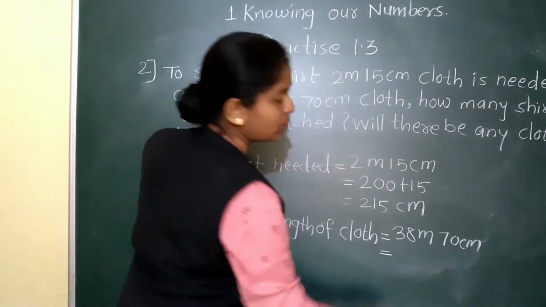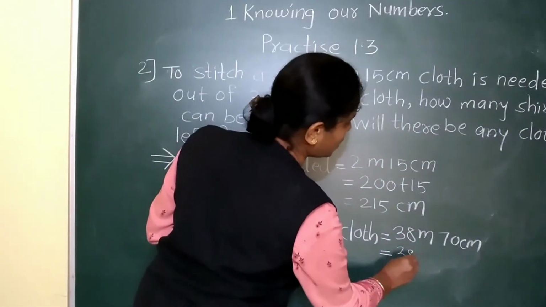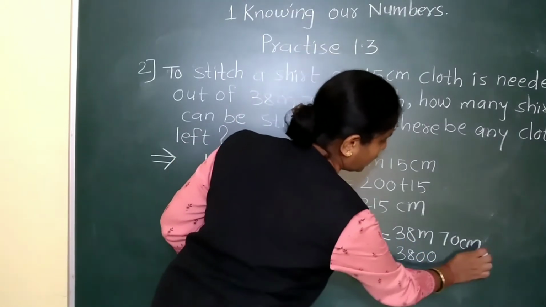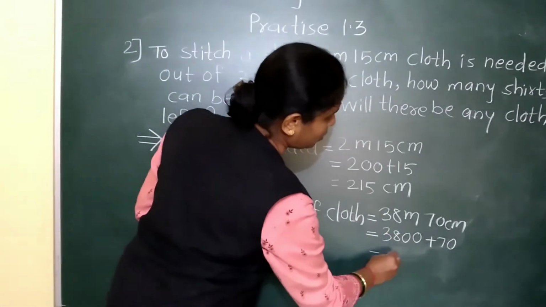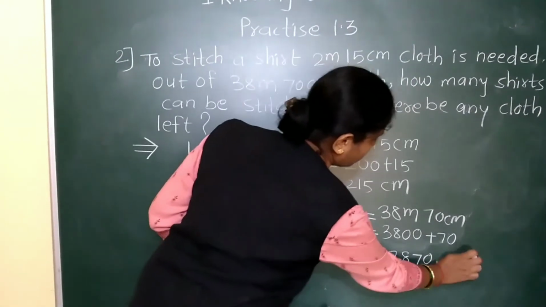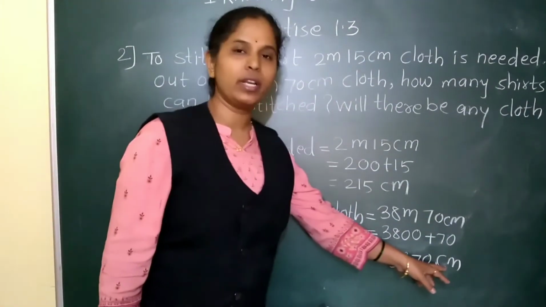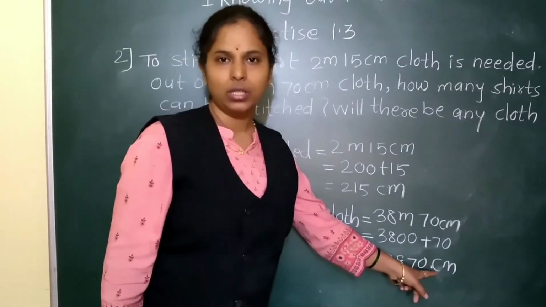That is, 38 meter means 3800 centimeters. We have to multiply it by 100. 3800 plus 70, that is 3870 centimeters. This is the total length of the cloth.